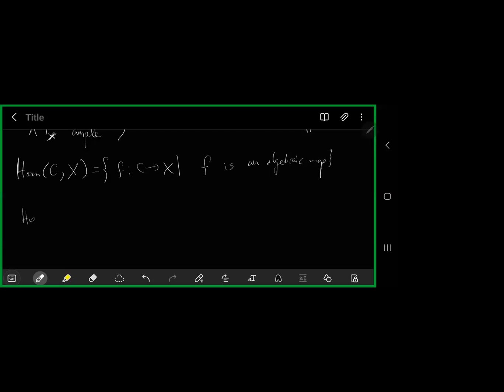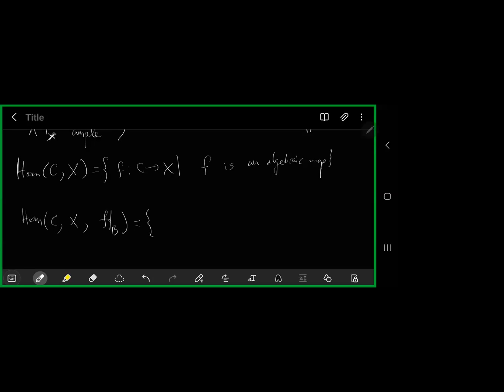Another thing that's going to be an algebraic space is, you look at those morphisms, but you also ask for just the morphisms that send a fixed finite set to a fixed set of prescribed values.